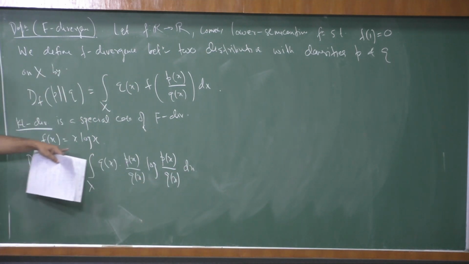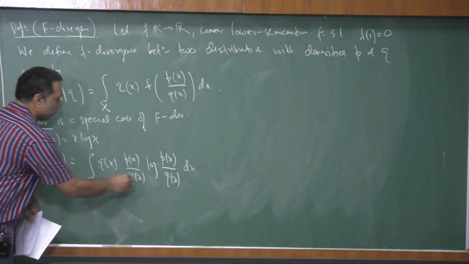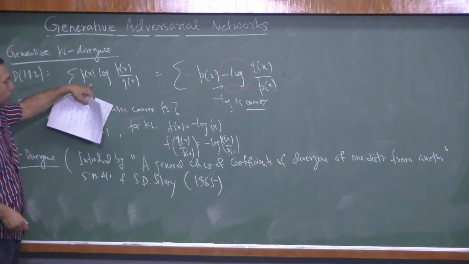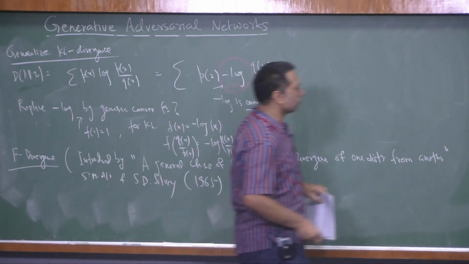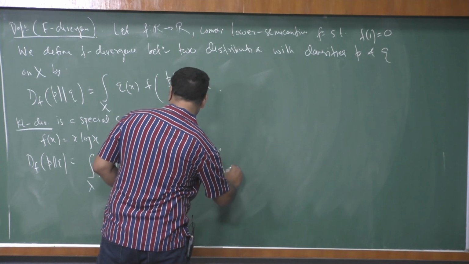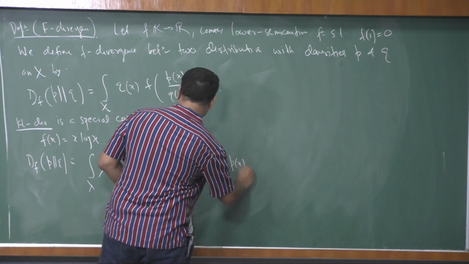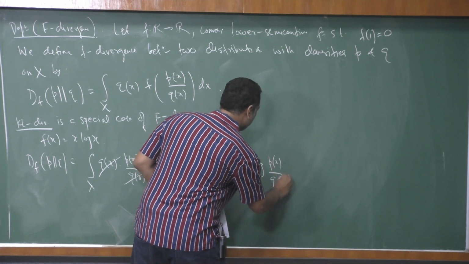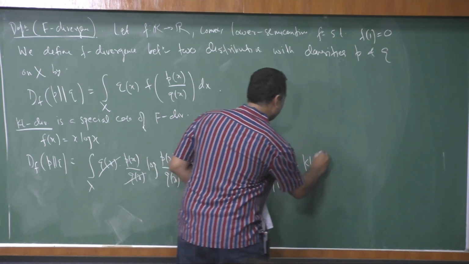So the way I chose x log x, I made it cancel, because in KL I need to add p(x), and it's p(x) log p(x) by q(x), which is exactly the KL. Okay. So this is indeed the expectation of log p by q, which is the KL between p and q.